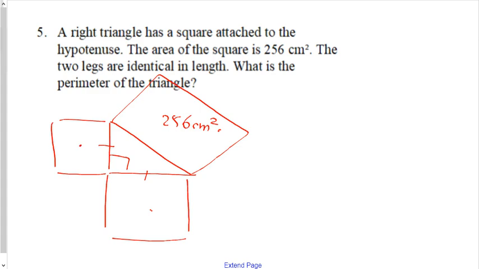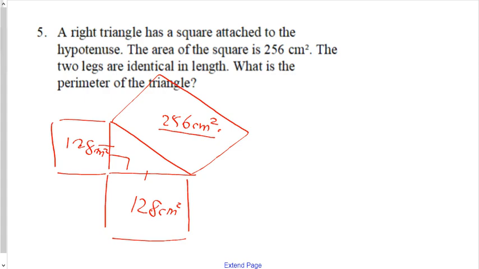I'm going to cut it in half, right? And I would get 128. So the first thing is to know that if this area is 256 and each of these are the same size, then their areas are 128 centimeters squared. That's step one.